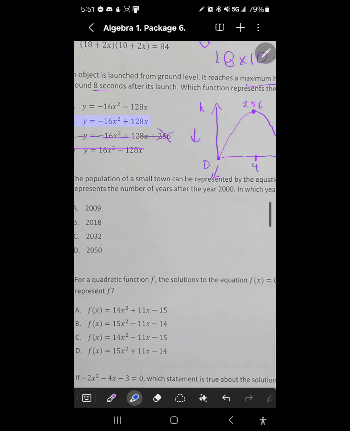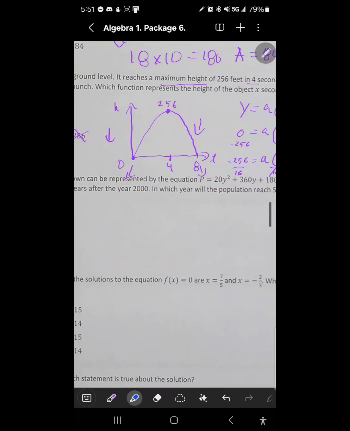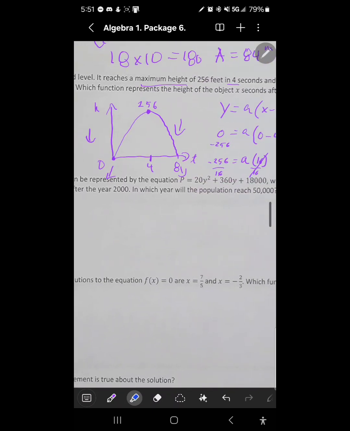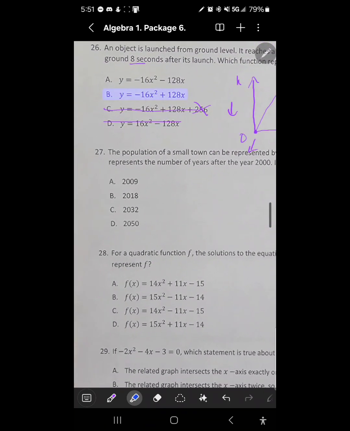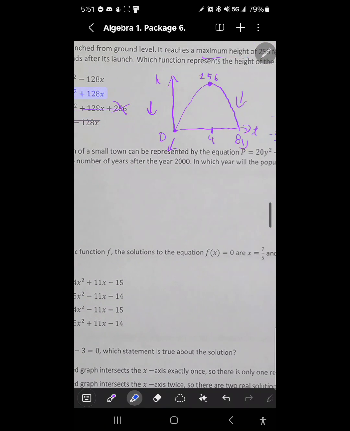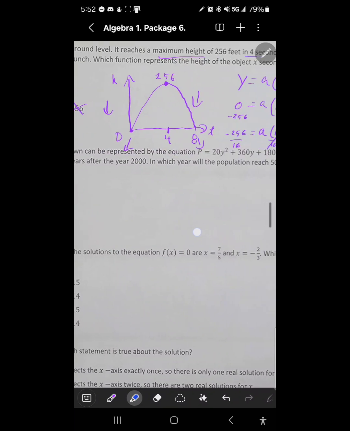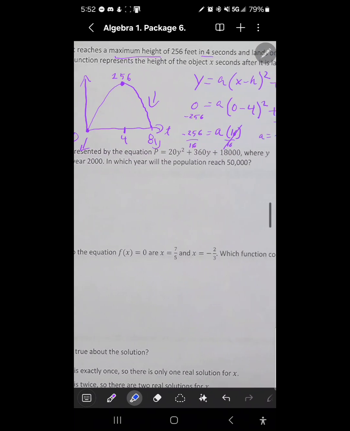Now, here, the population of a small town can be represented by the equation. Okay, you have the equation there, where y represents the number of years after year 2000. In which year will the population reach 50,000?